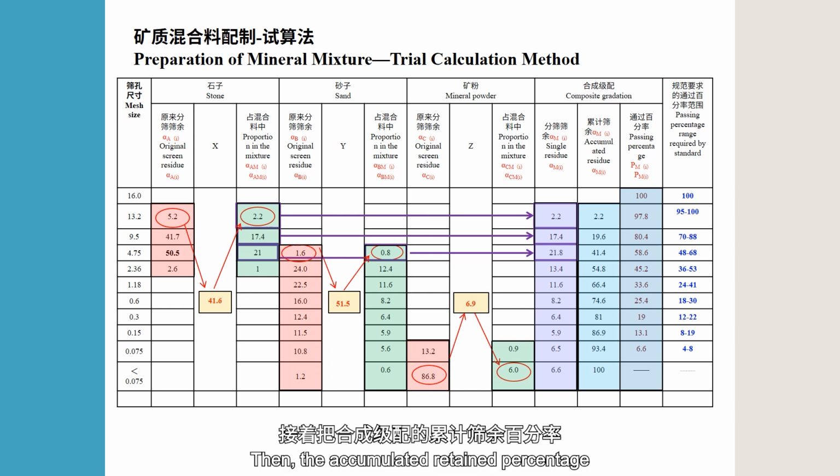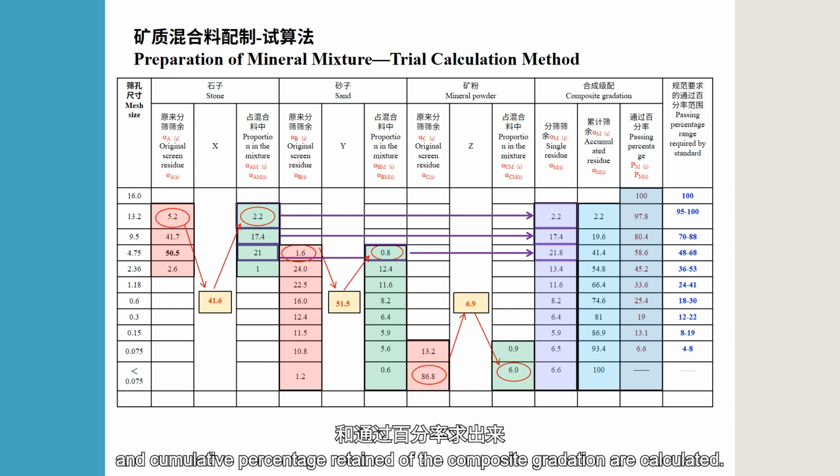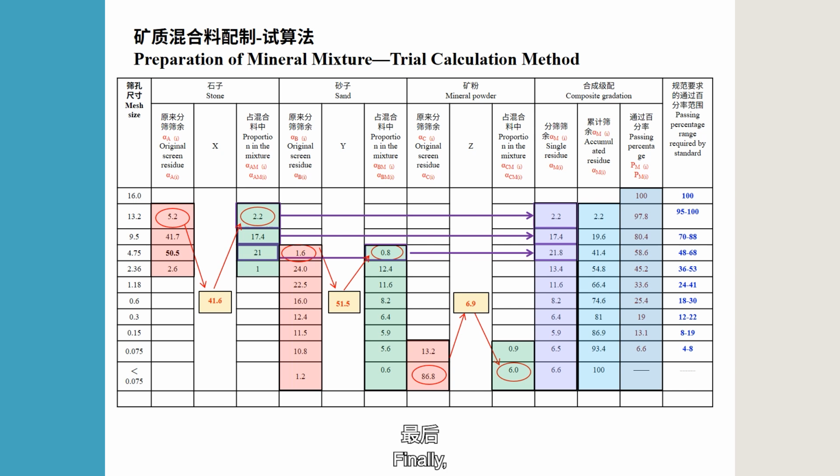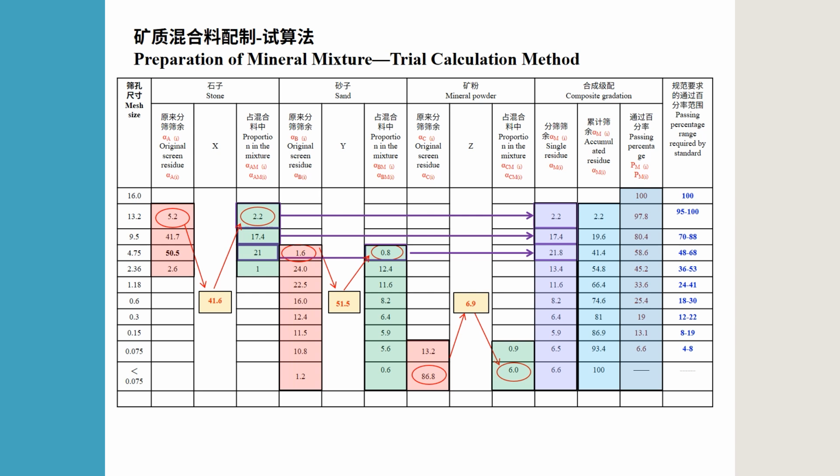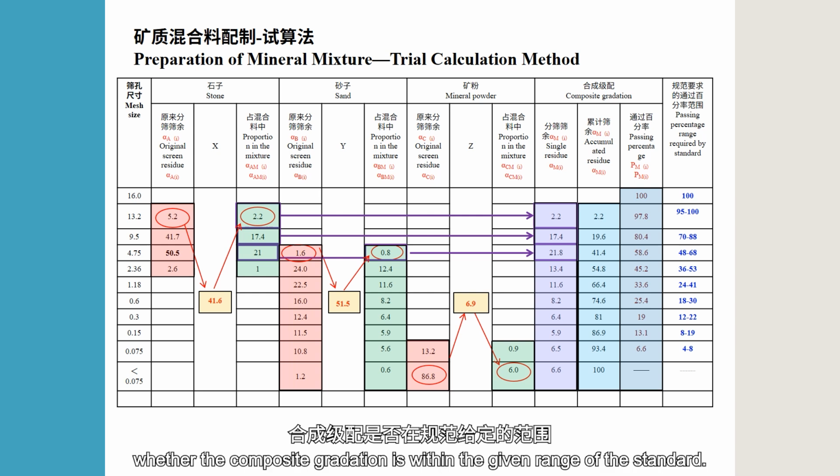Then, the accumulated retained percentage and cumulative percentage retained of the composite gradation are calculated. Finally, in combination with the cumulative percentage range required by the specification, a chart is drawn to judge whether the composite gradation is within the given range of the standard.